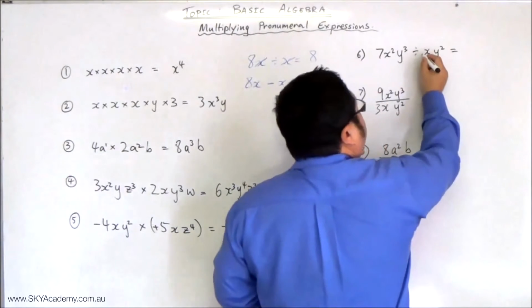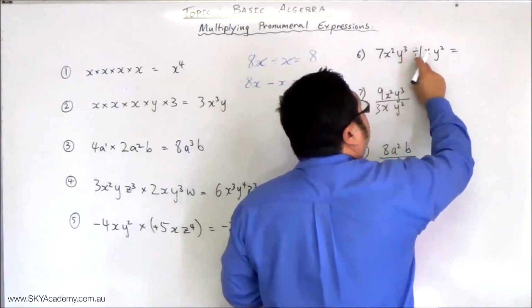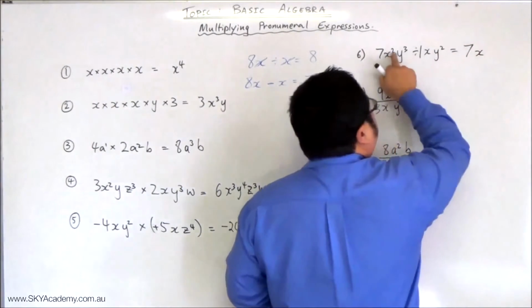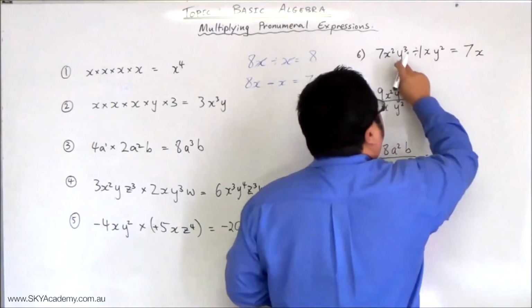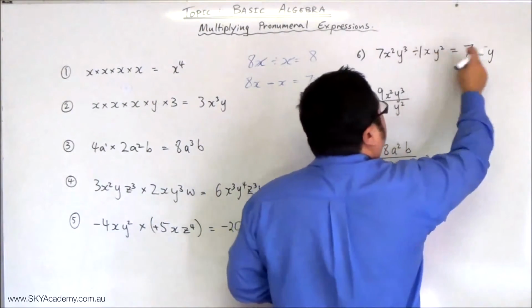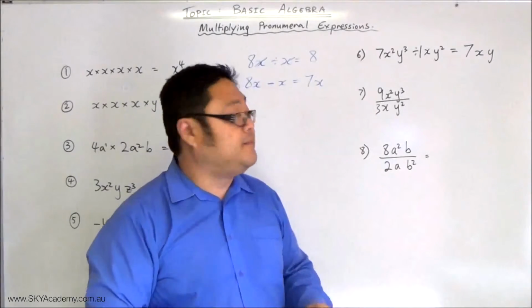And the coefficient there is 1. 7 divided by 1 is 7. And you've got x to the power of 2 minus 1, which is 1. Y cubed minus y squared is 3 minus 2, which is just 1 as well. So it's 7x, y. And that's your answer for that one.